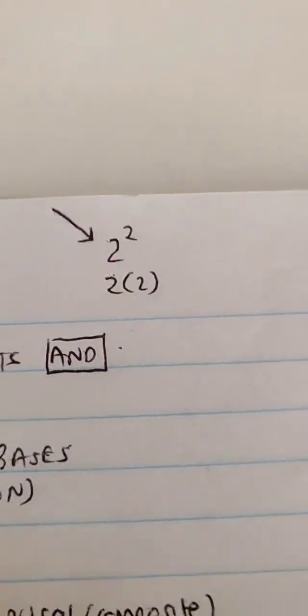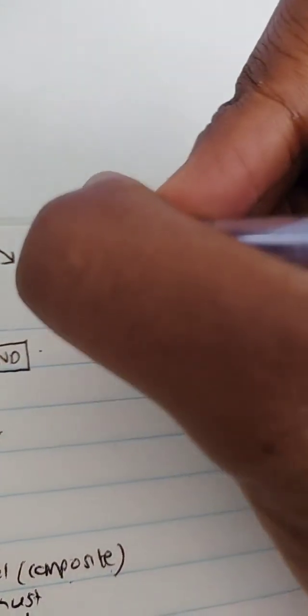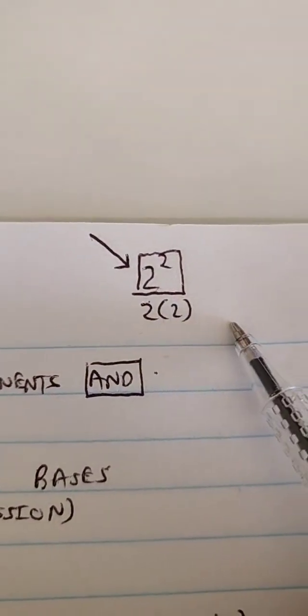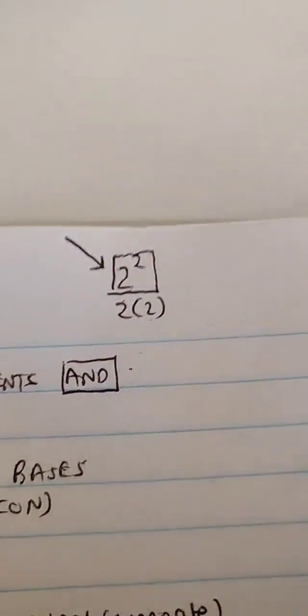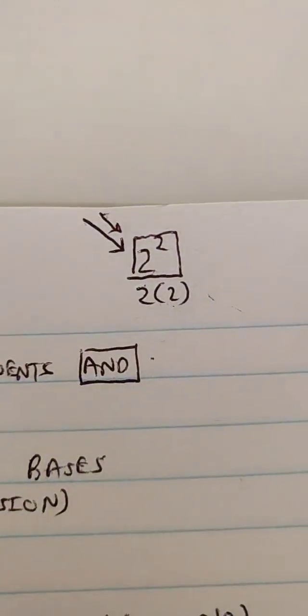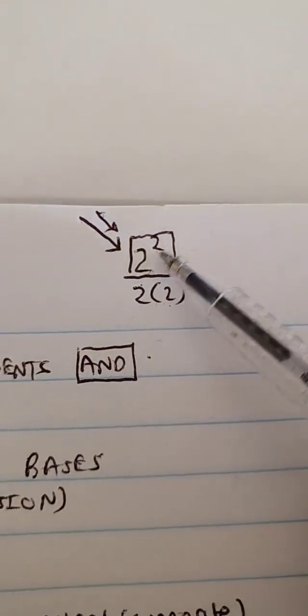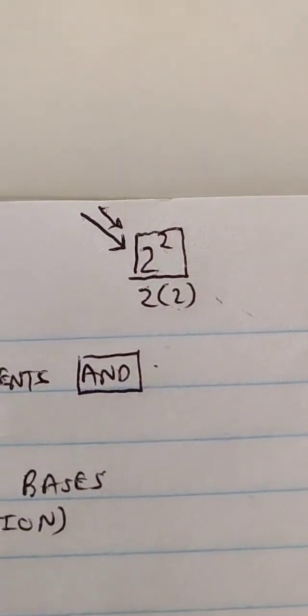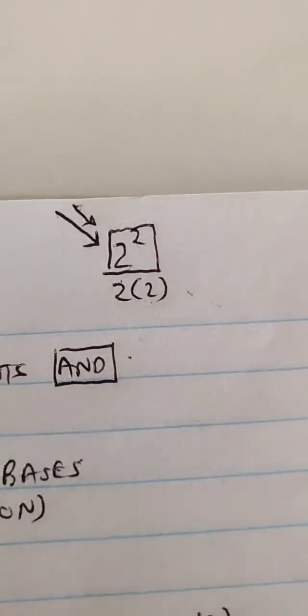But what we want to do, it's better that we express that composite base in exponential form rather than write it in multiplication form. So 2 squared is the better version of the prime base than 2 times 2. Not that 2 times 2 is incorrect, but it's just that it's better to express that composite base as an exponential prime base.